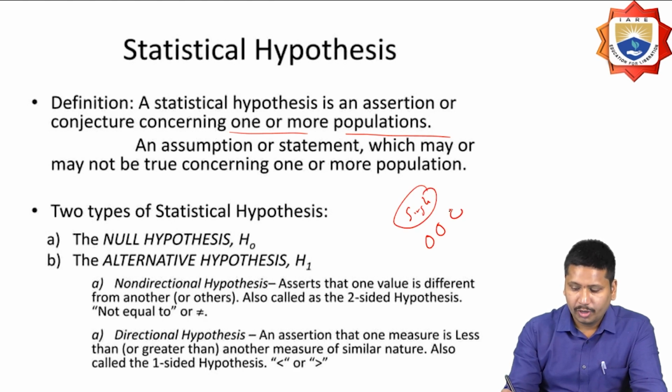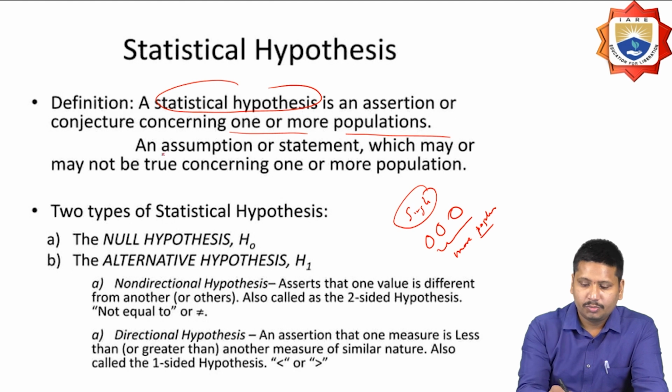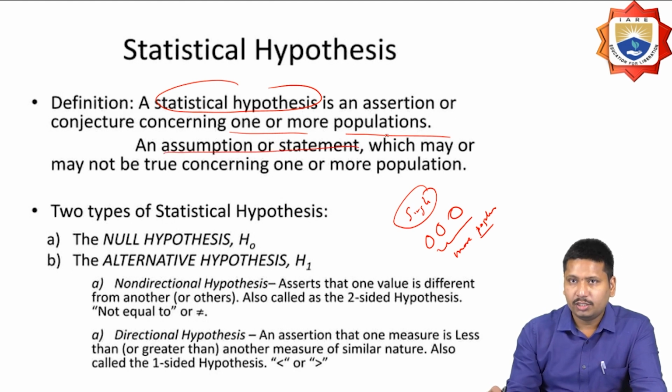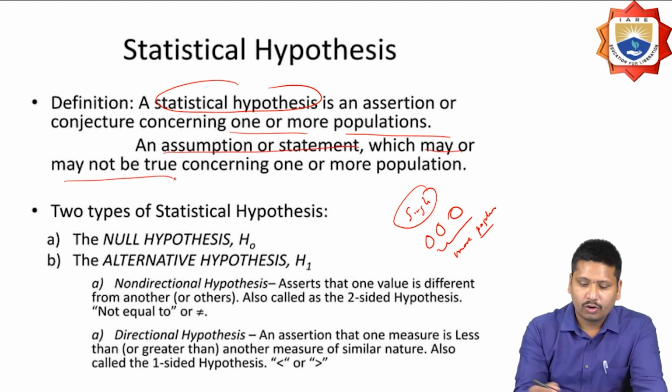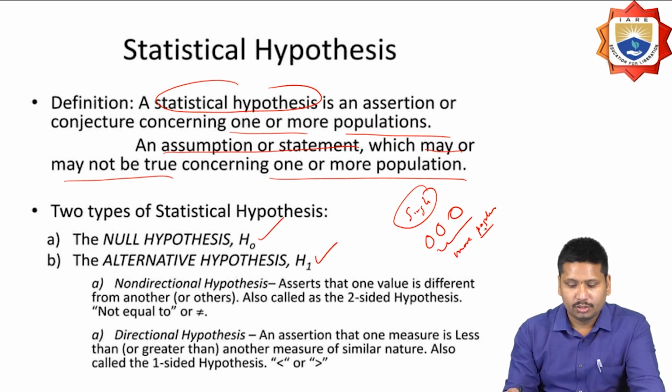If we maintain multiple populations or a larger number of populations, then the statistical hypothesis comes into the picture. In this, an assumption or a statement is defined, which may or may not be true, concerning one or more populations. There are two types of statistical hypothesis: the null hypothesis and the alternative hypothesis.